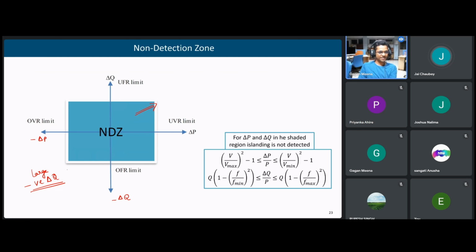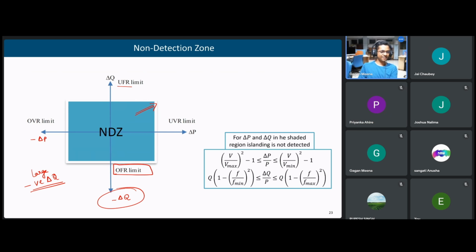This is delta P, and this is the Q axis. Which relay limit is going to hit? Frequency relays. Which one? Under frequency or over frequency limit. This is over frequency, correct.